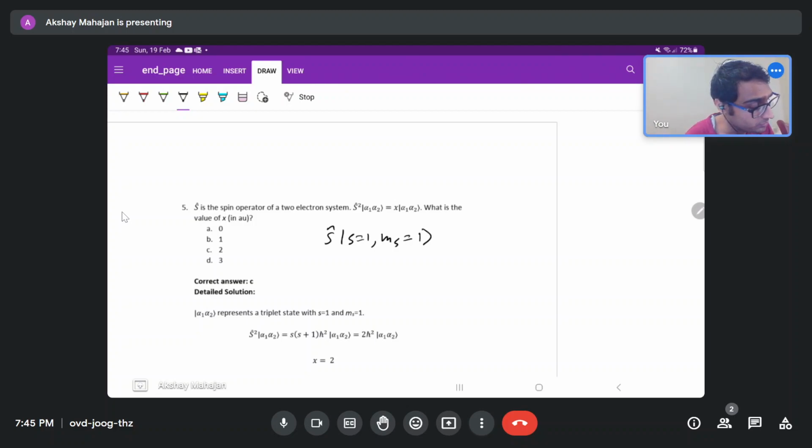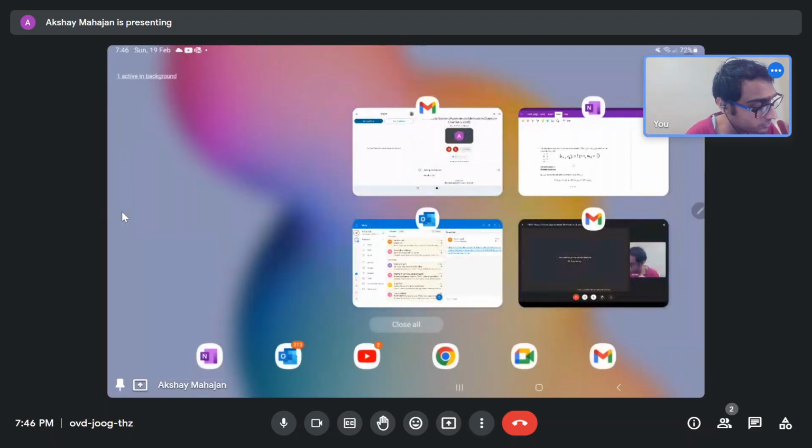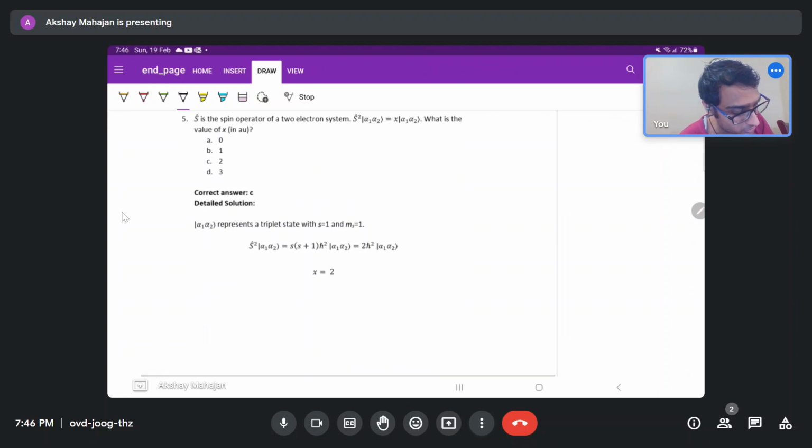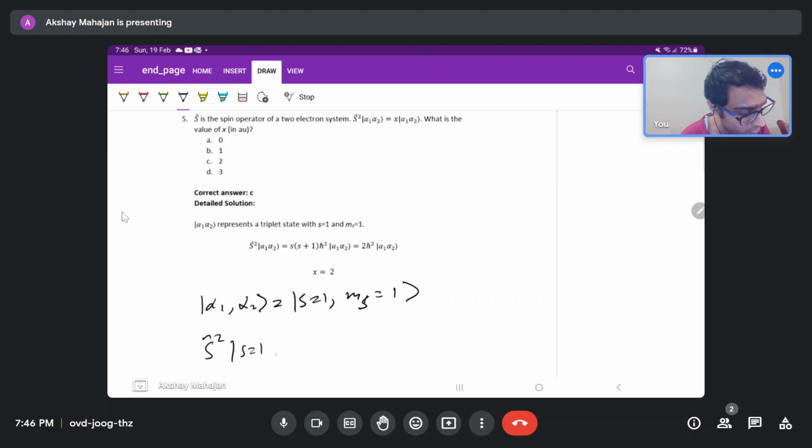So this is our alpha 1 alpha 2, as has been given here. Basically our alpha 1 alpha 2 is s equals 1 and ms equals 1. So if you apply S squared on this, you just solve it like this.